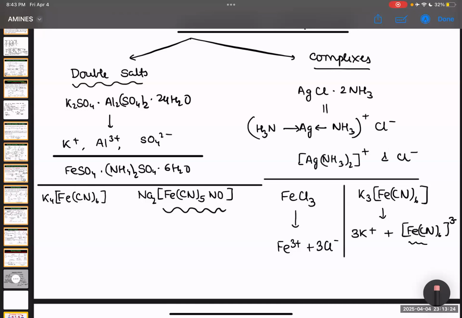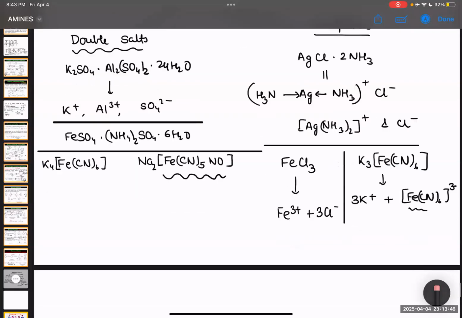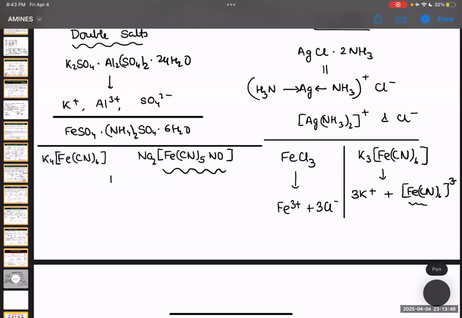Ligands can be classified on the basis of charge. Negatively charged ligands are the most common. Their names end with the suffix O. For example, chlorido, bromido, iodo, cyano. Got it? Or chloro, bromo, iodo. There are neutral ligands also. Negative ligands, neutral, and positive ligands.